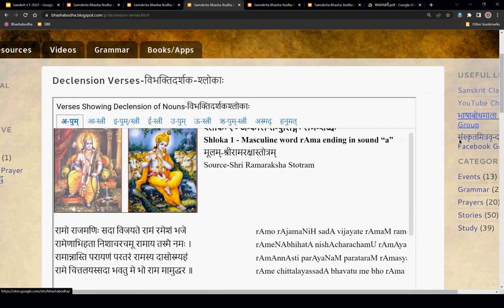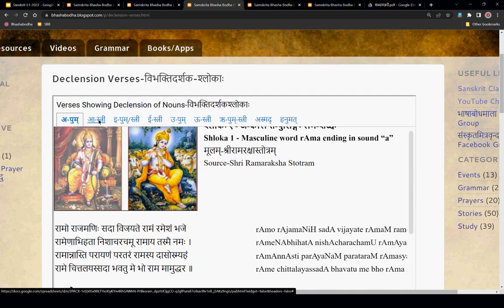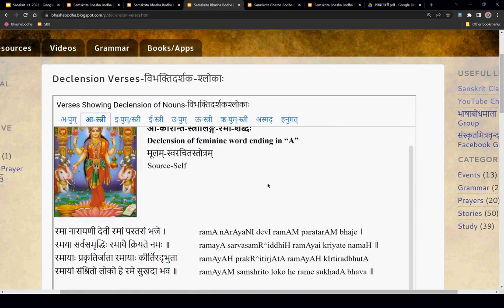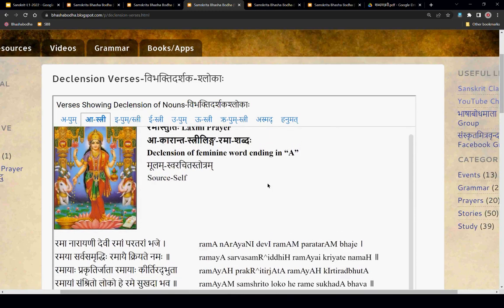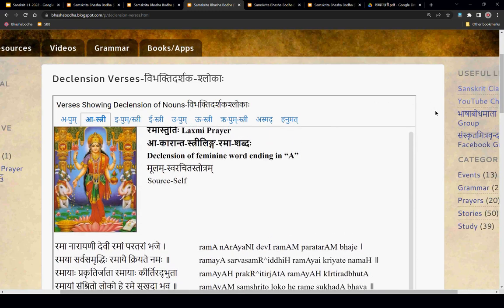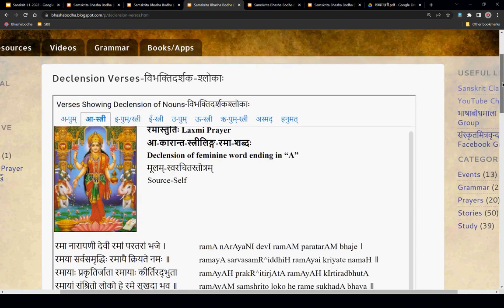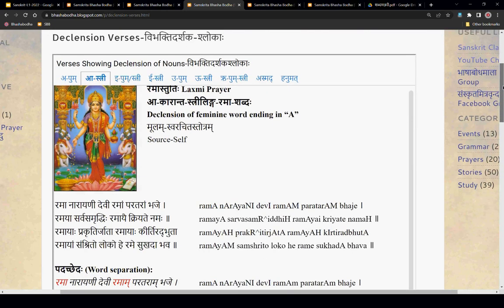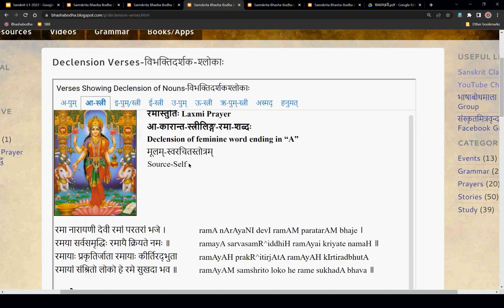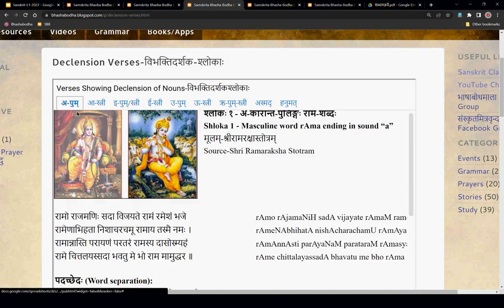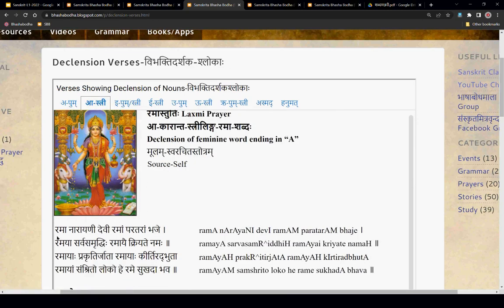And if you're interested, maybe in future, or just to recite, there are other shlokas also. Some of them I have composed myself, like Akaranta Strilinga. Here the source is Ramaraksha Stotram.